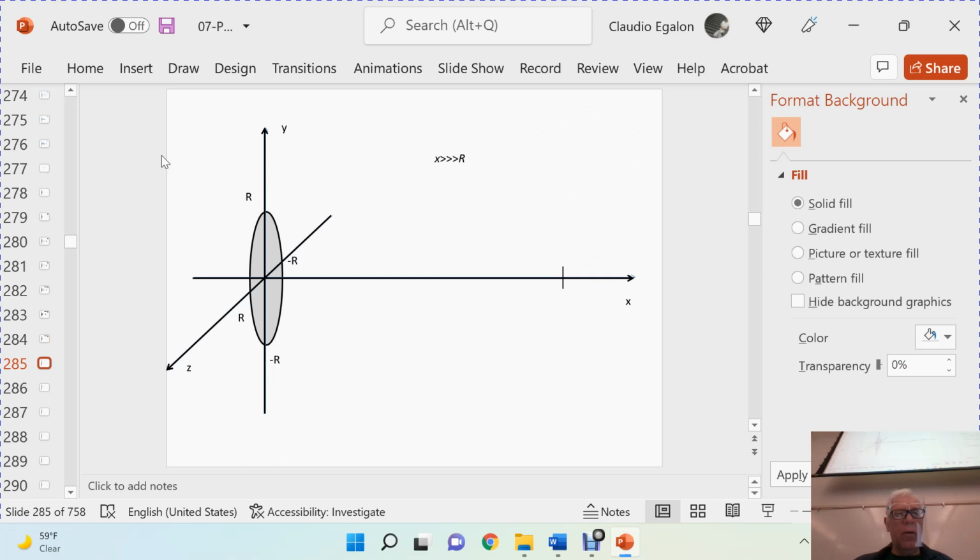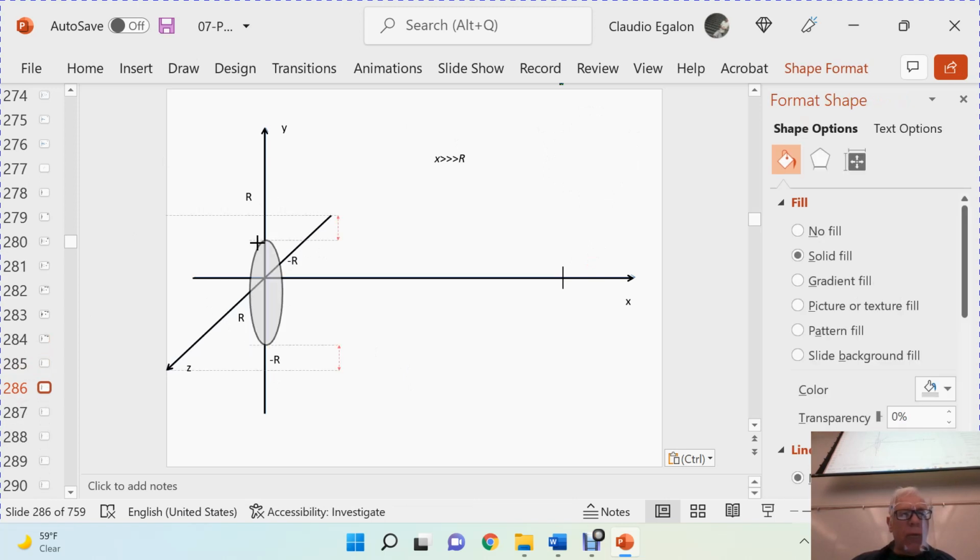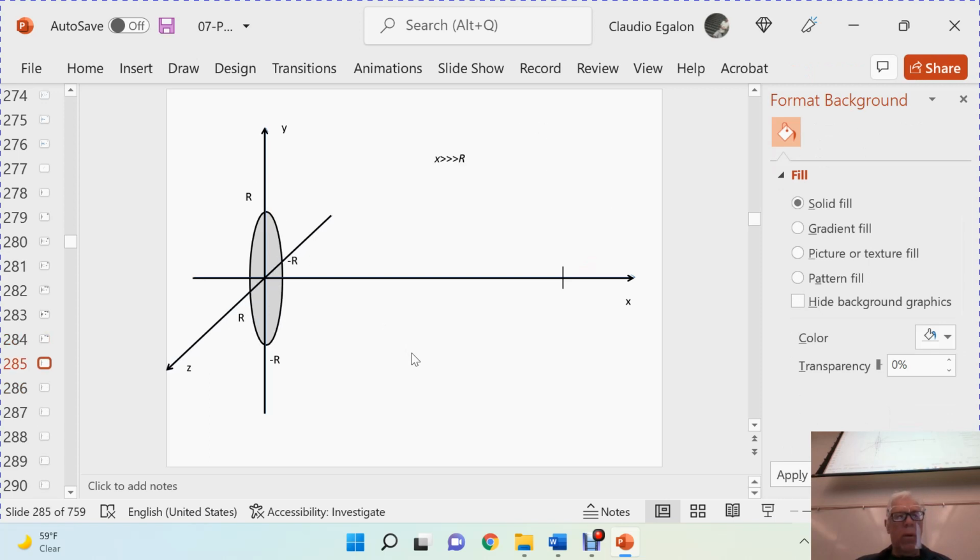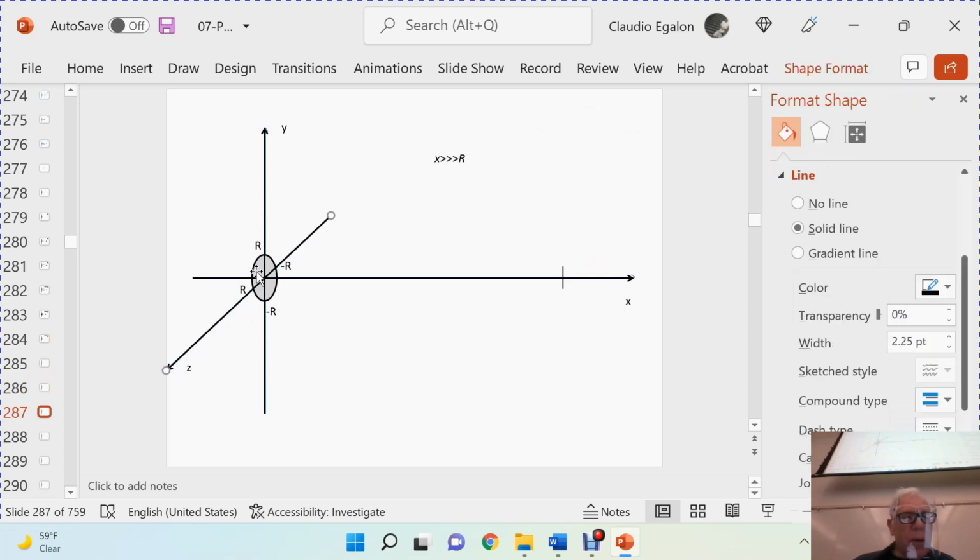So here you go. This is larger, this is smaller, and we are moving away. We're zooming out from this x and y coordinate axis as we are moving away, or as we are calculating the electric potential at distances ever further away. The disk seems to become smaller and smaller, until we get something very small.